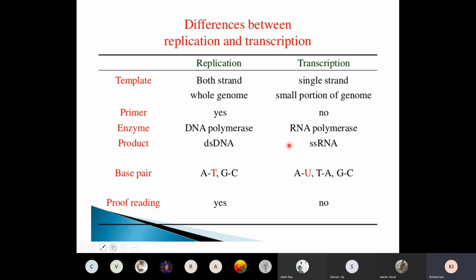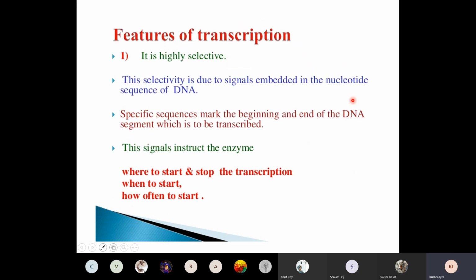Okay, so going further, let us look at some of the features of transcription, since you already have a decent understanding of what is going to happen. One of the first features is that transcription is very selective. By that I mean that specific sequences on the DNA mark where the transcription will start and where it will end.